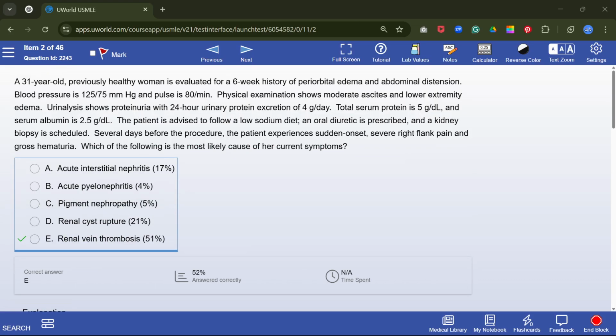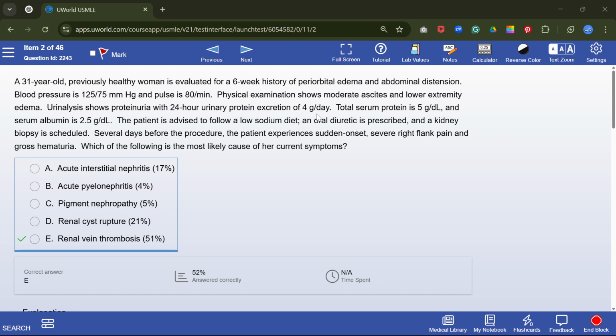Look at this question. A 31-year-old previously healthy woman is evaluated for a 6-week history of periorbital edema and abdominal distension. Blood pressure is normal, pulse is 80. Physical examination shows moderate ascites and lower extremity edema. Urine shows proteinuria, and 24-hour urinary protein excretion is 4 grams per day. This looks like nephrotic syndrome.